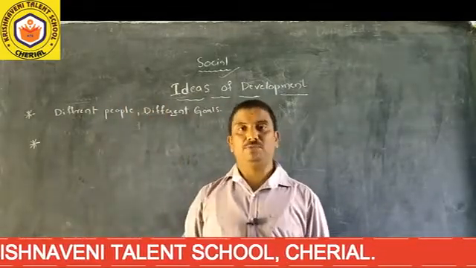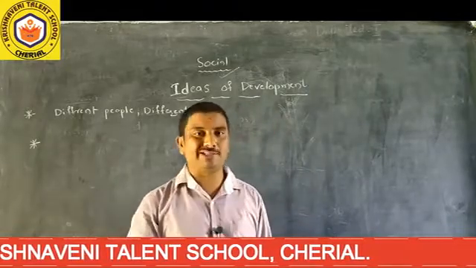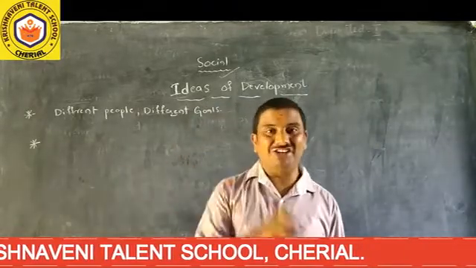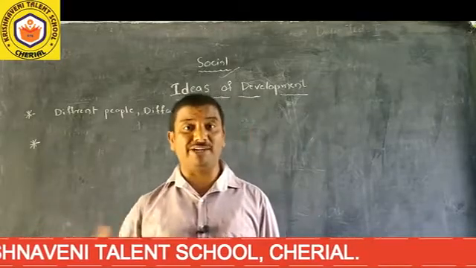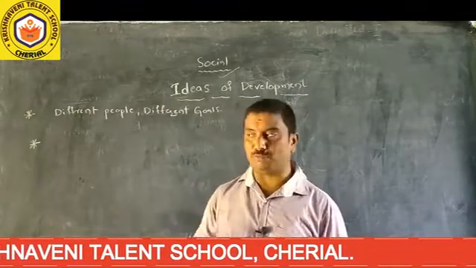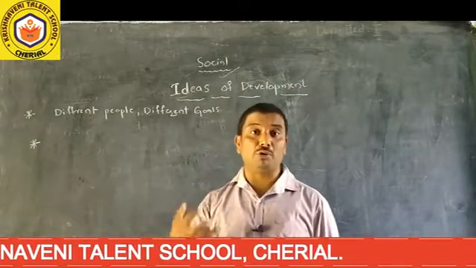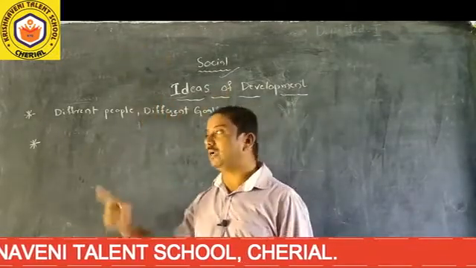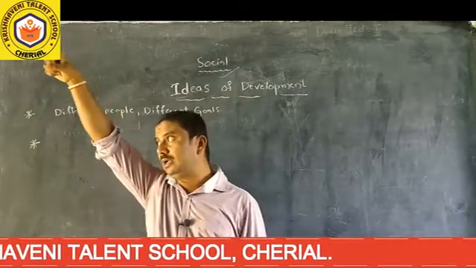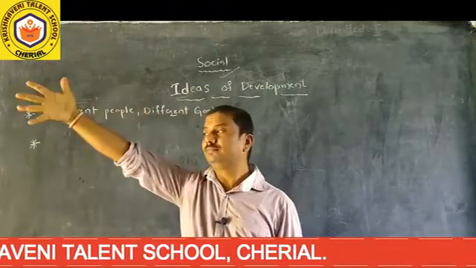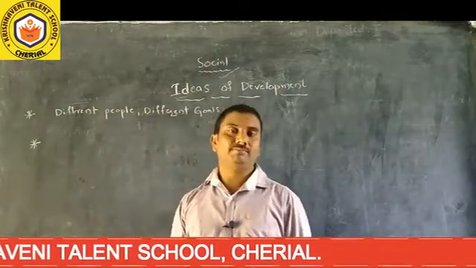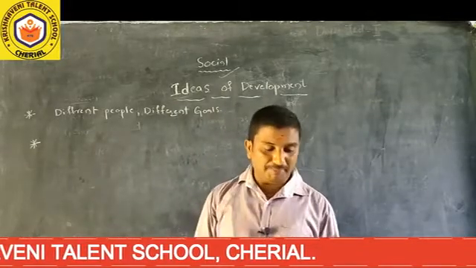If the children want to study in good schools, quality education. Every farmer is thinking, I want to provide a good education to my children, and my children should settle in abroad countries. That is the main goal.